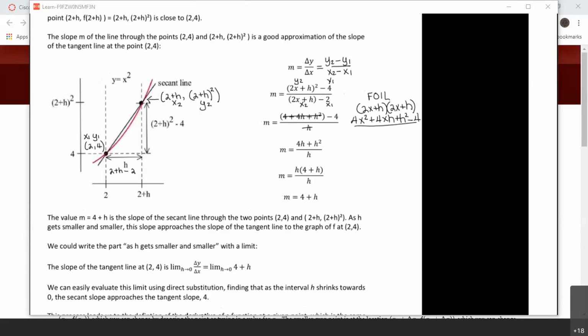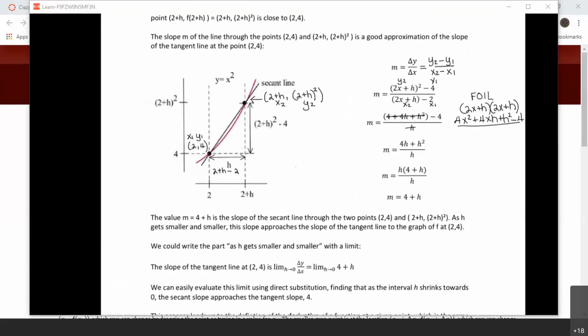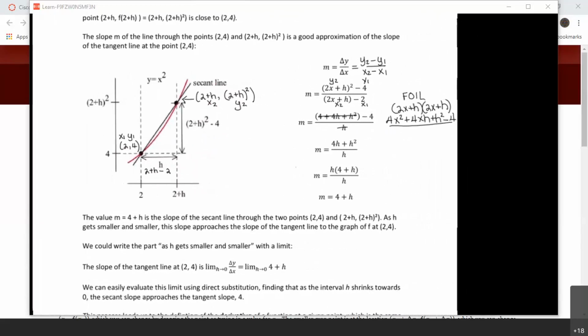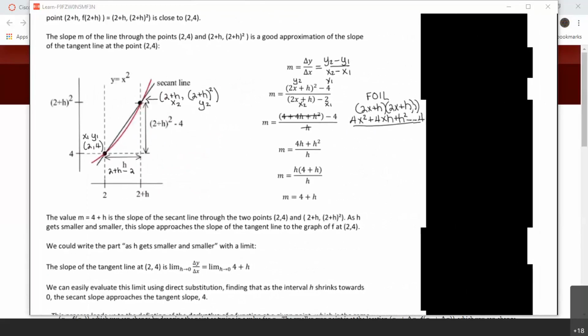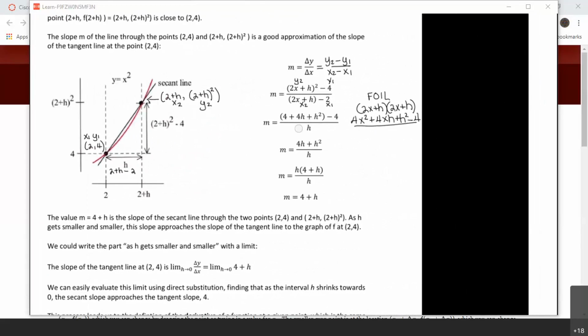On the bottom, I have 2x plus h. It's basically 2 plus h. There should be no x in it. That's the problem. My bad. I'm trying to figure out where the problem is. The problem's right here. Let me just get rid of it.